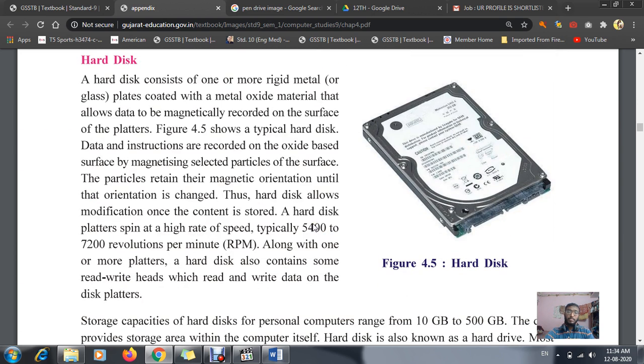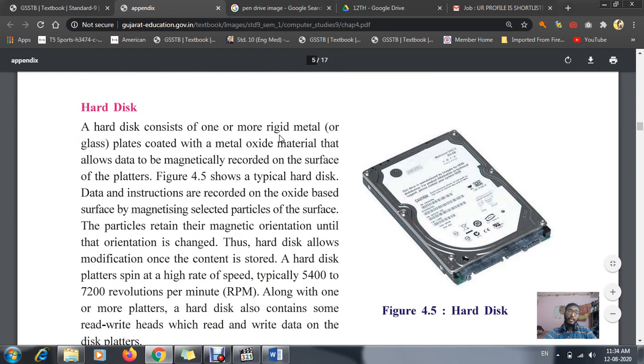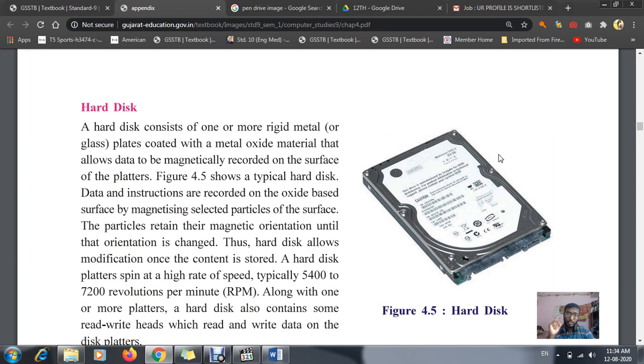Now the first example of your secondary memory is your hard disk. As I told you, a hard disk is just a box shape with platters inside, which are rotating, and this rotating speed is counted in RPM, that is revolutions per minute.